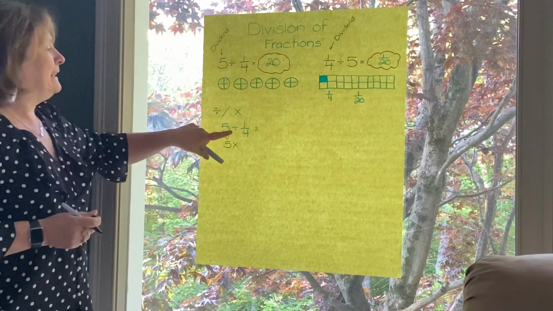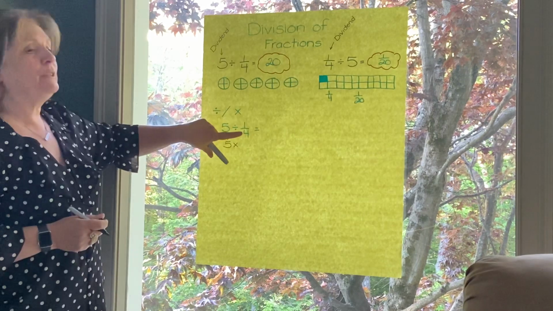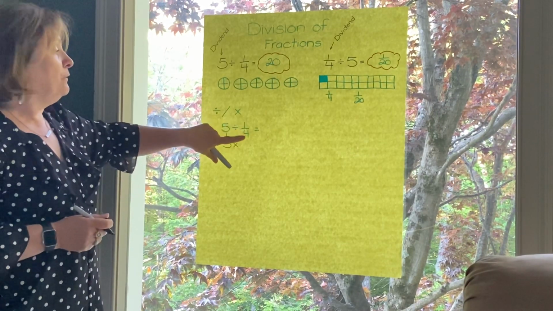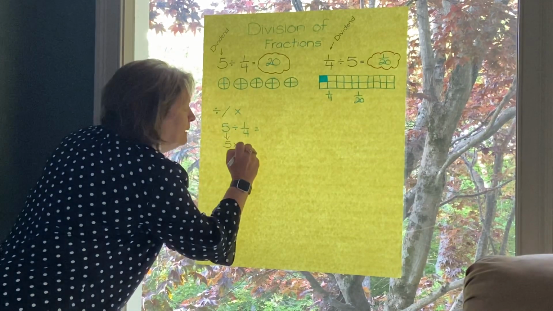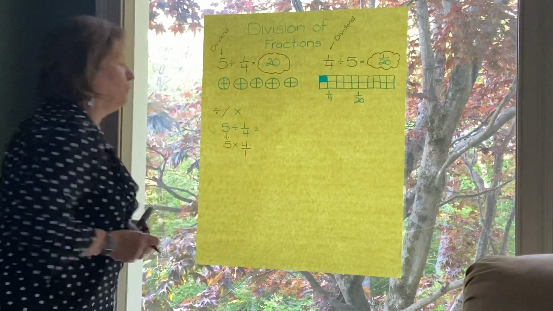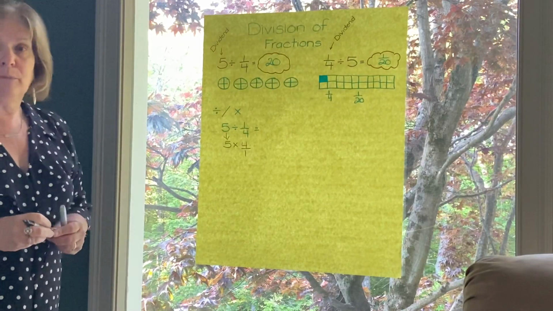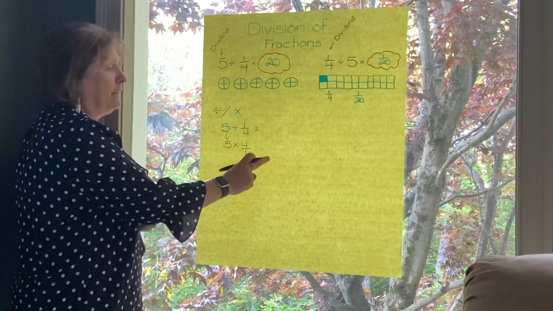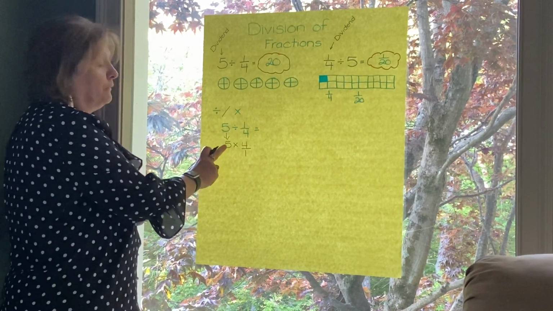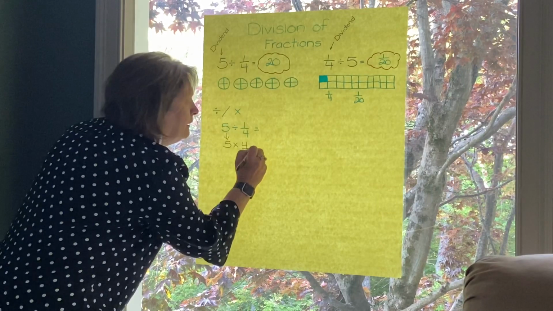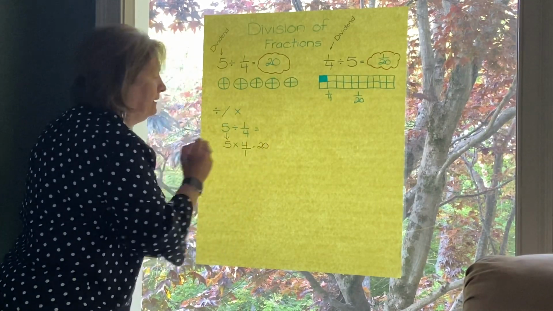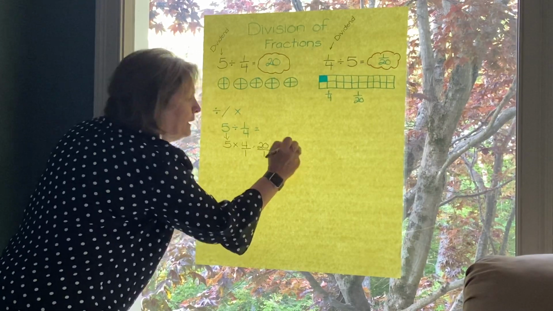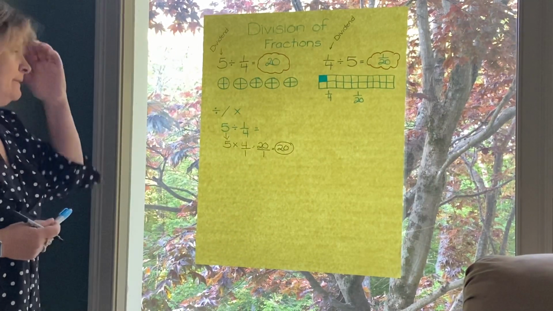And since we're doing the inverse of that, we're going to do the inverse of the divisor. And so rather than it be 1/4, it's going to be 4/1. Now we can multiply fractions the way we always do. We multiply the numerators, multiply the denominators, and simplify. So if I multiply the numerator here, I get 20/1, which we know is equal to 20. So that's how it works.